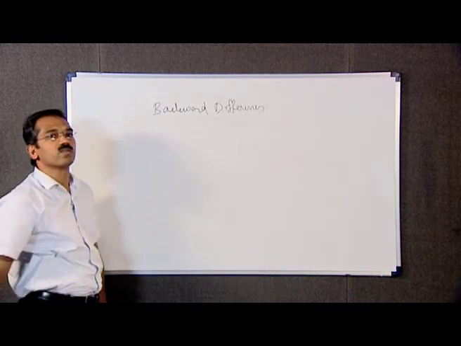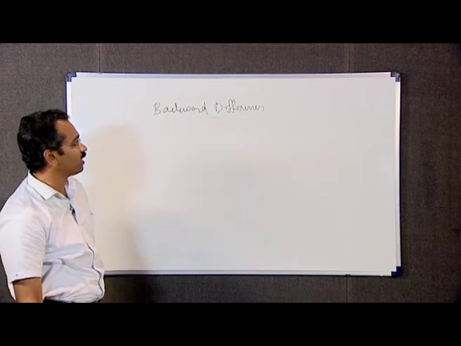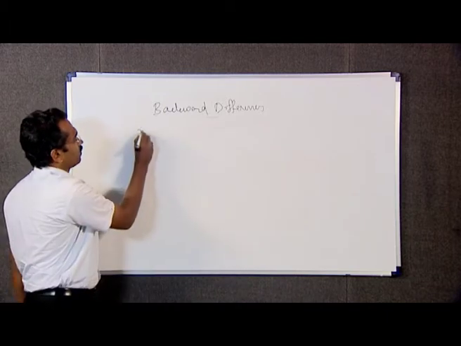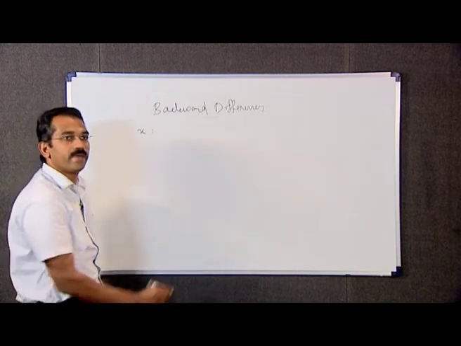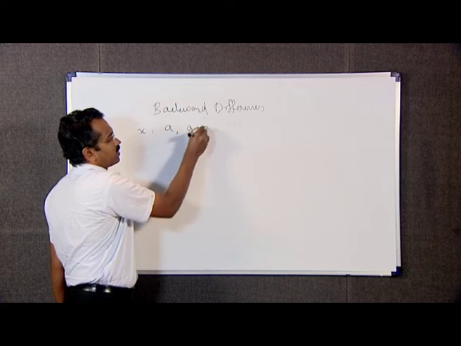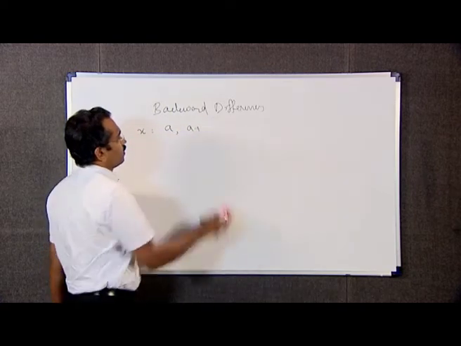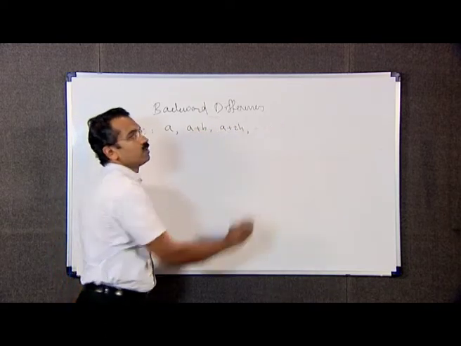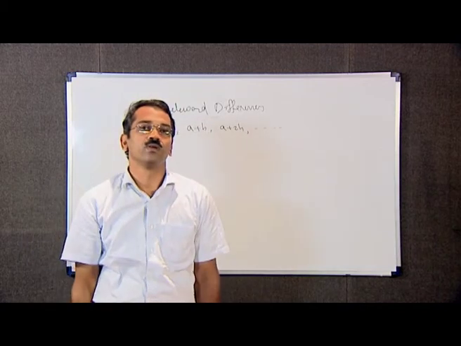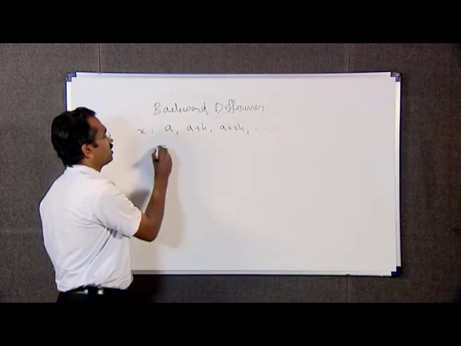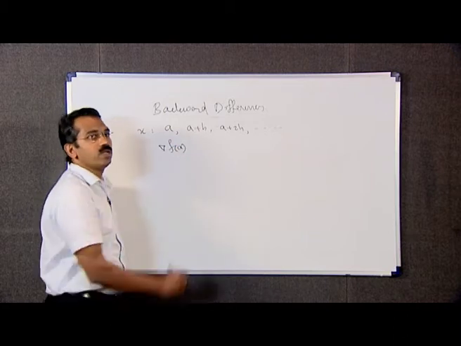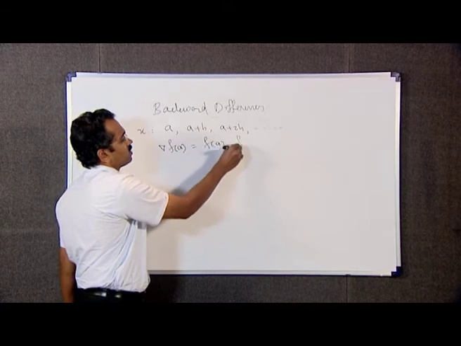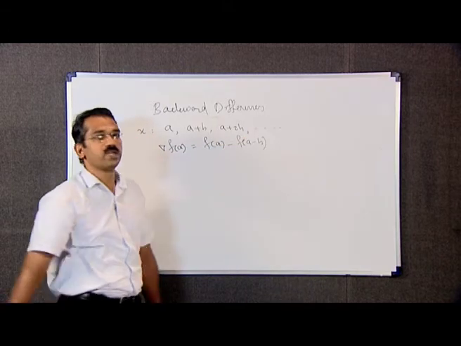Suppose the values of y are given at equally spaced points a, a plus h, a plus 2h, etc. Then we can define the first backward difference del f of a as f of a minus f of a minus h.